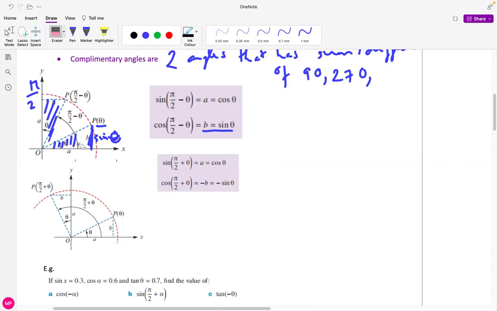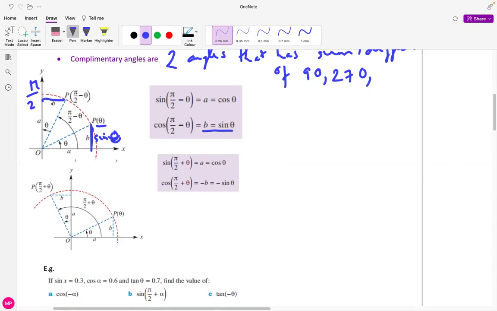So what does that mean? If we compare the sides, this vertical distance here is actually the horizontal distance here, which is B, right? But the vertical distance here is sine of theta, okay?